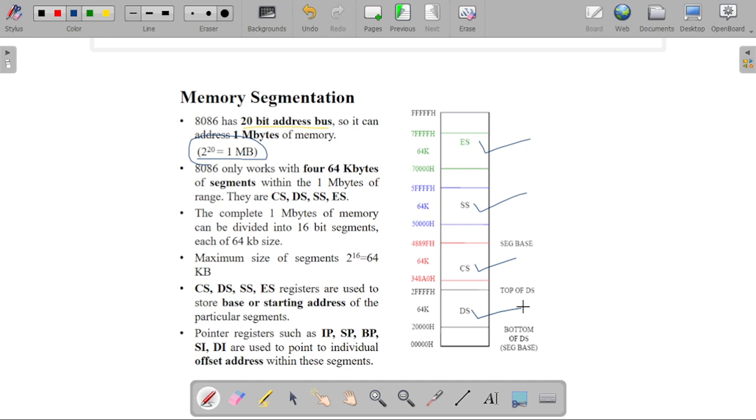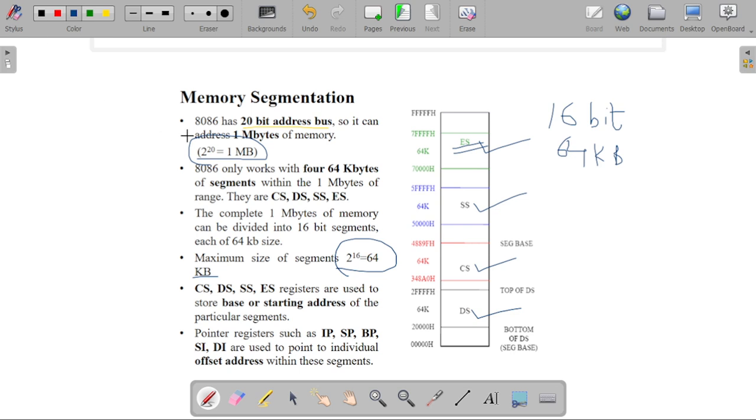The 8086 works with four 64 kilobyte segments. So each segment size is 64 KB, as it is also known as the 16-bit segment register. And 2 raised to 16 is nothing but 64 kilobytes of data. So the maximum size of a segment is 2 raised to 16, which is equal to 64 KB.